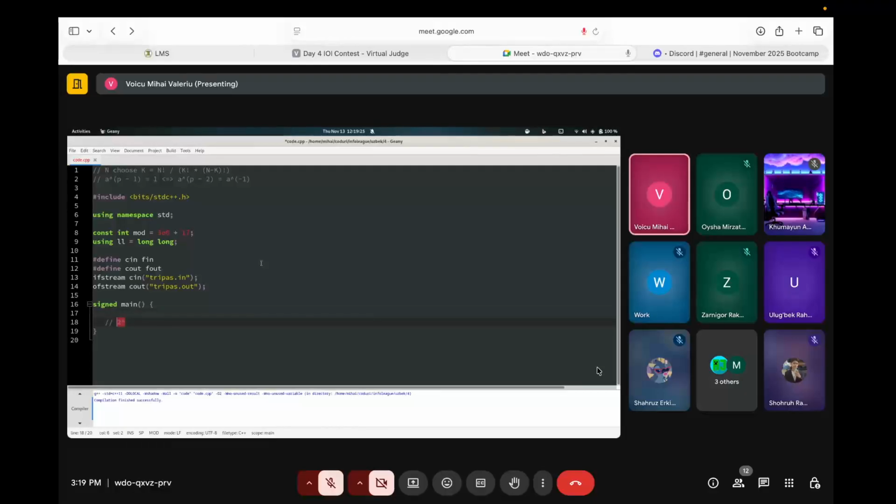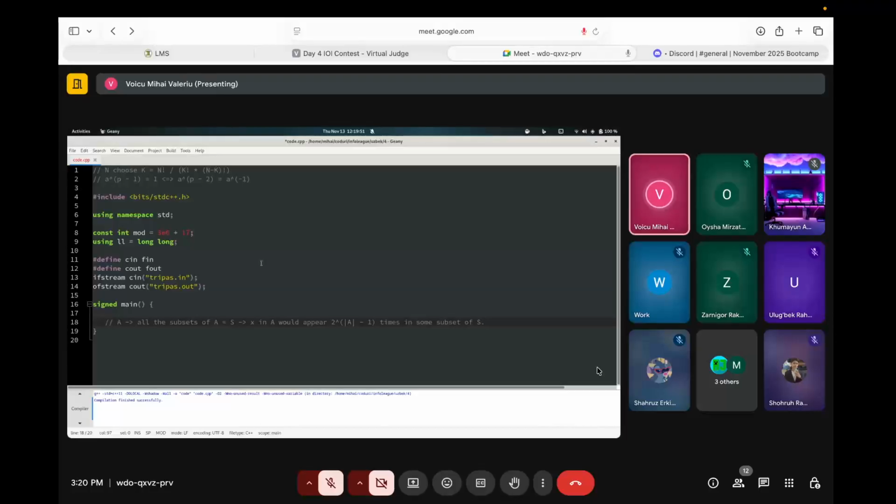So if we have an array A and we consider the subsets of A, the set S, then any X in A would appear 2 to the size of A minus 1 times in some subset of S. Does everyone agree with that?